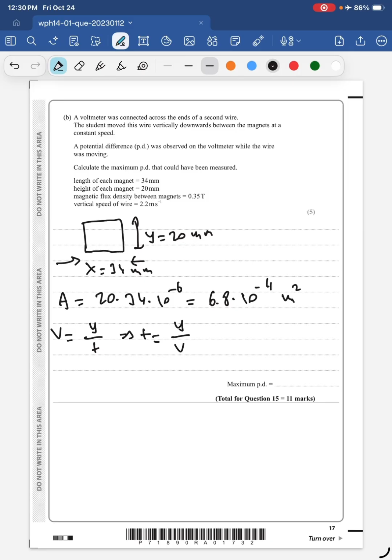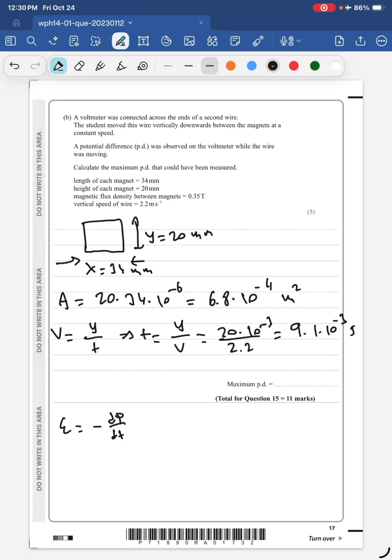So the maximum possible vertical distance is just 20 times 10 to the negative 3 over 2.2 meters per second. So the maximum time the wire can spend cutting the magnetic field lines is 9.1 times 10 to the negative 3 seconds.